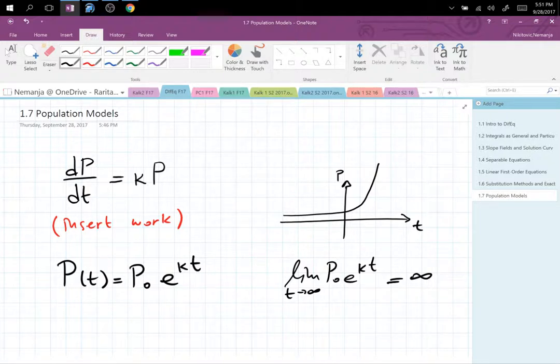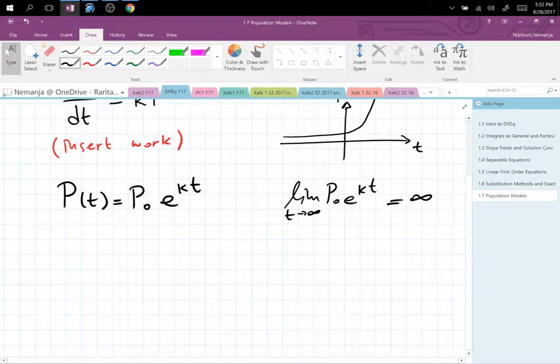So we can start by introducing terms for birth rate in time and death rate in time. We are going to use Greek letters, beta and delta. So beta is B, and that's going to be birth rate, and then delta is D, which is the death rate.